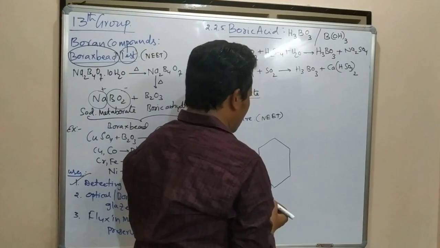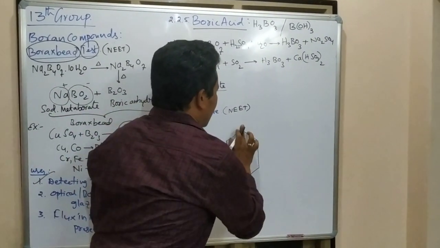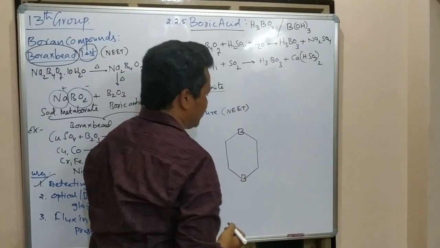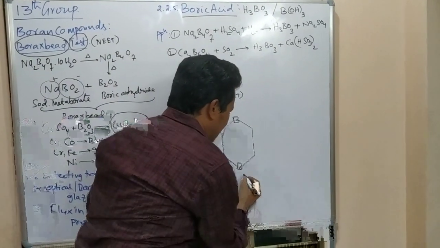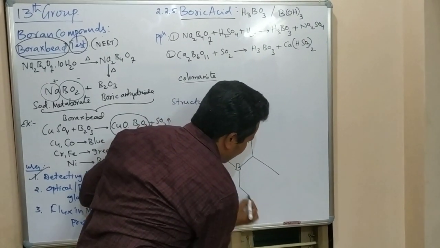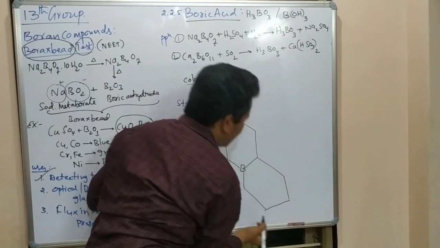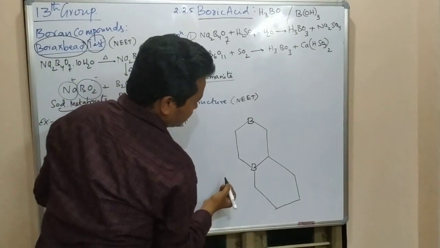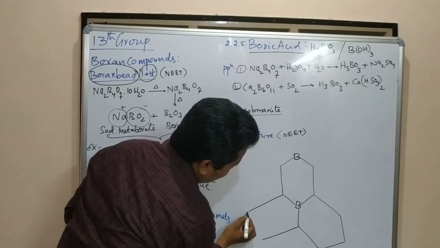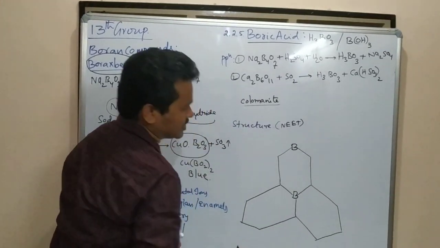In this hexagonal, what I am going to write is here one boron, here one boron. And after that, here I arrange the other hexagonal. You observe, like this only you have to write. It is easy to write. Here also I am going to write another hexagonal like this.